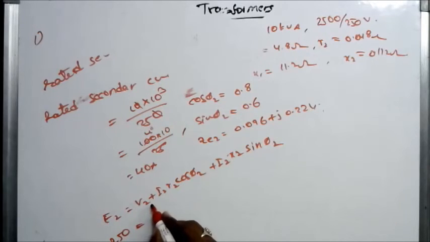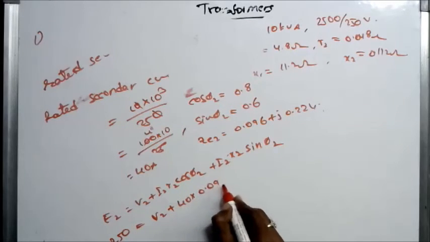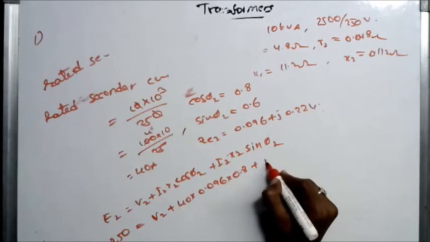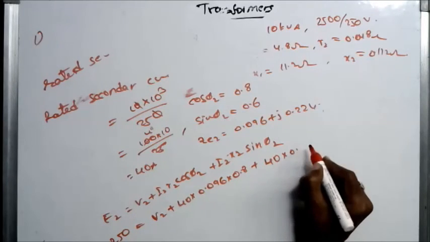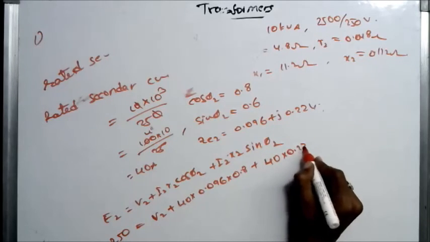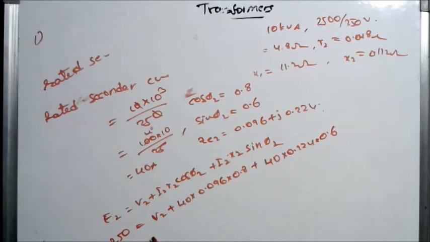We have to find V2. So 250 is equal to V2 plus 40 into 0.096 into 0.8 plus 40 into 0.224 into 0.6. So V2 we will find from this. Okay, this is all about the second lecture. Thank you for listening.